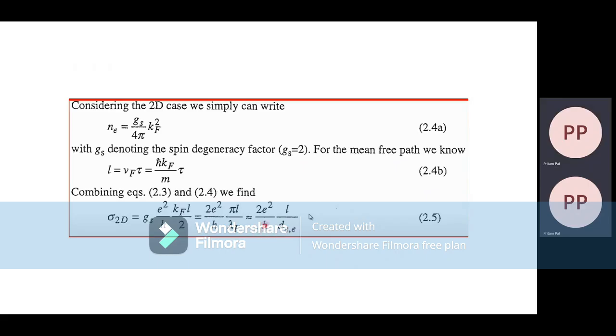This d is a sort of distance between the electrons inside the material, kind of a wavelength of an electron, the Fermi wavelength. This is very nice, because this formula contains a very important quantity, the conductance quantum.